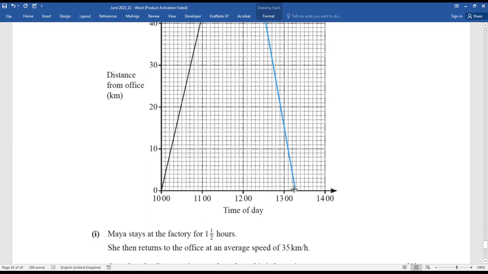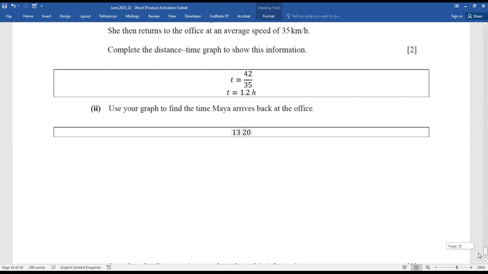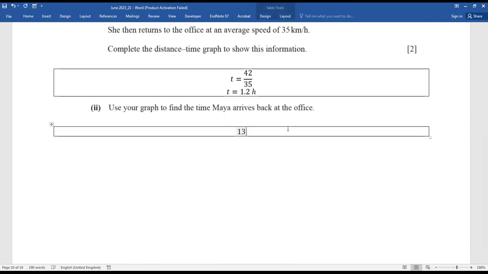So 1.2, this is how the graph will look. And the time for return must then be 2 hours 30 and 42 minutes. So that will be 13:42.